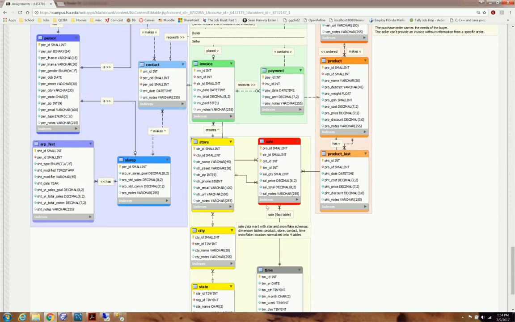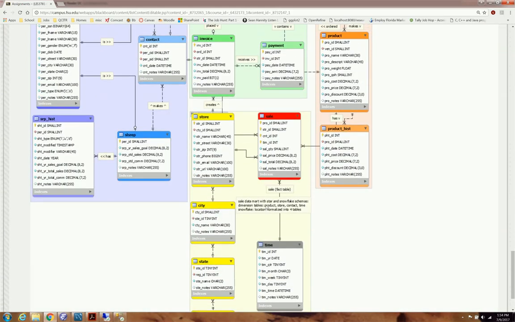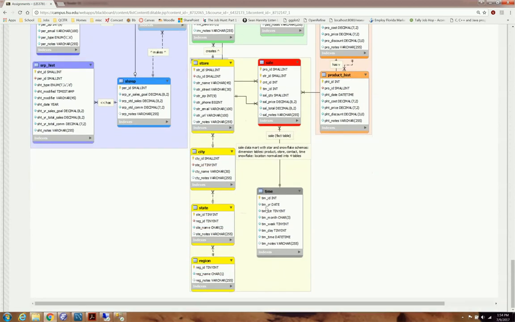Now, what we're doing here is we're actually normalizing the location, so that we can break down the additional dimensions of location into region, for instance, north, east, south, and west, state, of course.